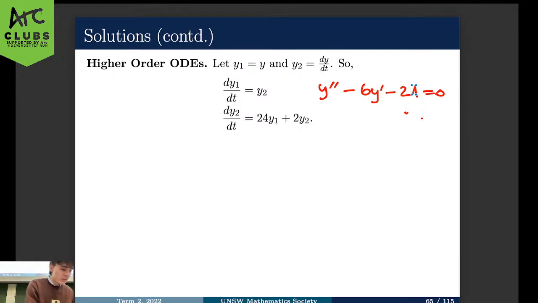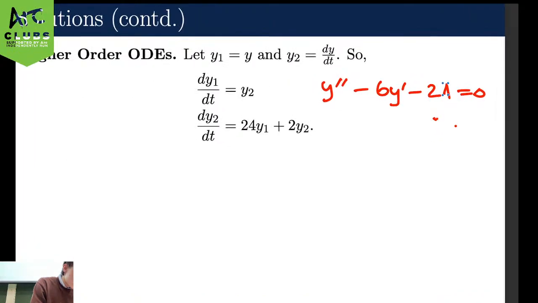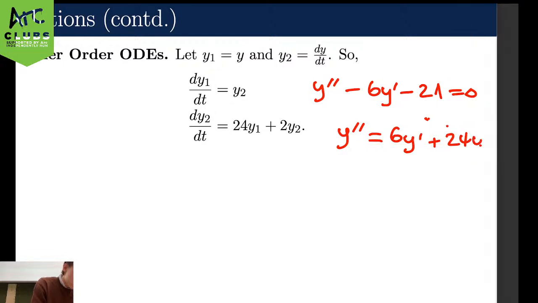And similarly, if we rearrange the original differential equation, we can see that y'' equals 6y' plus 24y. Right? And that means that d²y/dt² equals 24y plus 6y'. In other words, dy2/dt equals 24y1 plus 6y2.